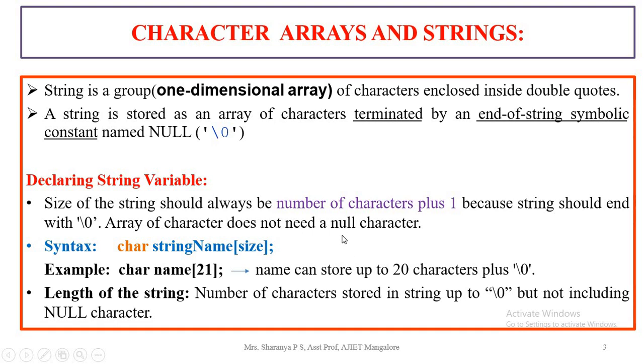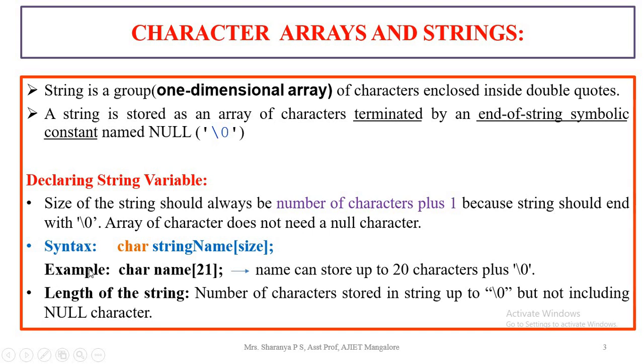Suppose we want to store 3 characters as one string, like H, E, L. That is 3 characters, so the size would be 3, but we have to add one more, so we specify the size as 4. That fourth position is responsible for storing the null character. That is the special feature we have to be careful about when specifying a string.